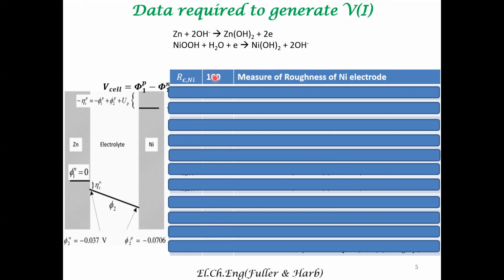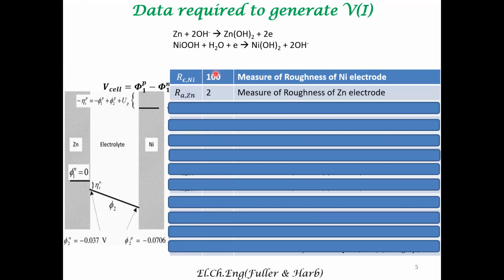That can be measured. This is an important quantity that is quantified in experiments using something called electrochemical surface area. If you're a practicing experimental electrochemist, it's very important that you measure the electrochemical surface area, ECSA, very carefully. That has to be provided before we can undertake this computation.